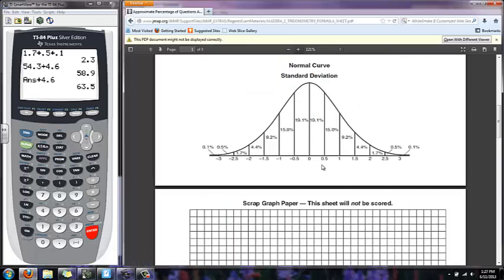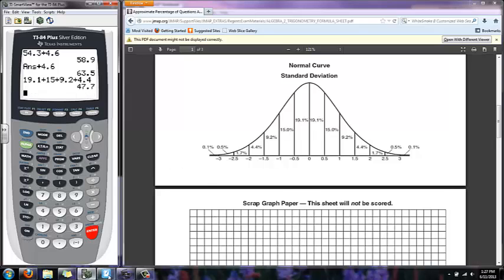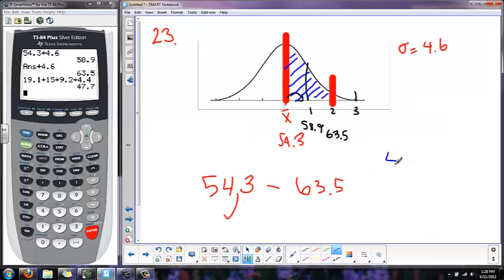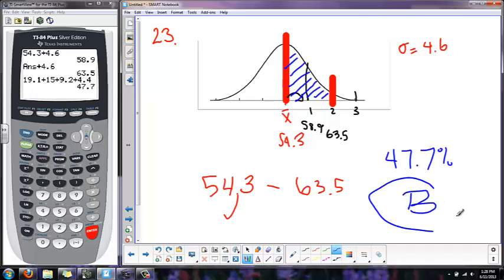So starting right here at 0, I'm going to add 19.1 plus 15 plus 9.2 plus 4.4. Enter. All of that adds up to be 47.7%. For number 23, that would be choice B, which is 47.5, but it says, you know, the best approximation. So that would be the closest.